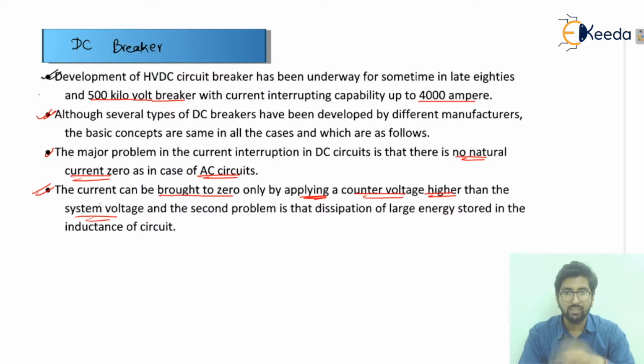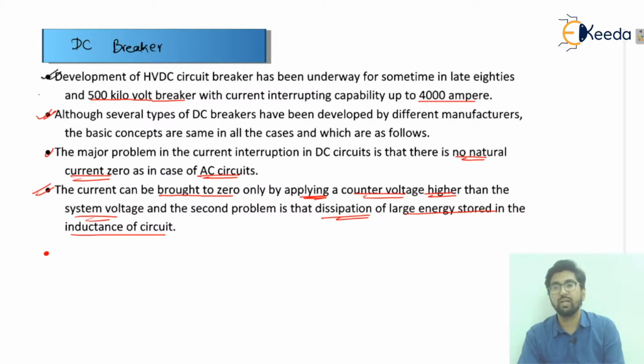it can be brought to a zero value. And the second problem is the dissipation of the large energy stored in the inductance of the circuit. The circuit is very well known to you, a basic circuit. That is VD, with plus and minus.